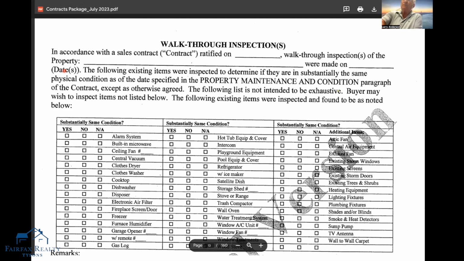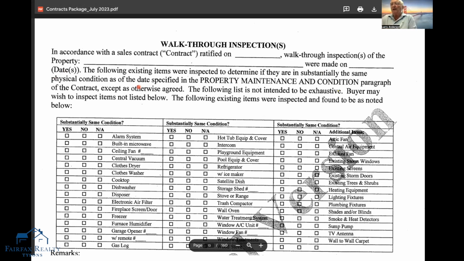And we inspected the existing items to determine if they are in, here's the key word, substantially the same physical condition as of the date specified in the property maintenance and condition paragraph of the contract, except as otherwise agreed.